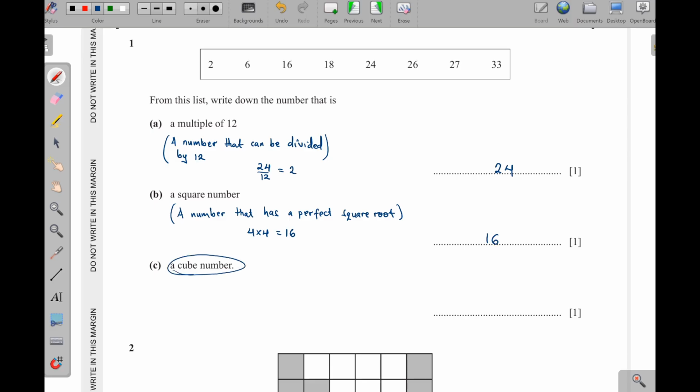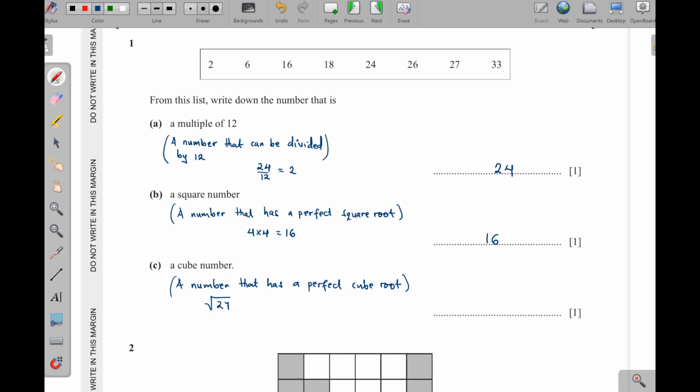And then a cube number is a number that has a perfect cube root. So cube root of, we have 27.